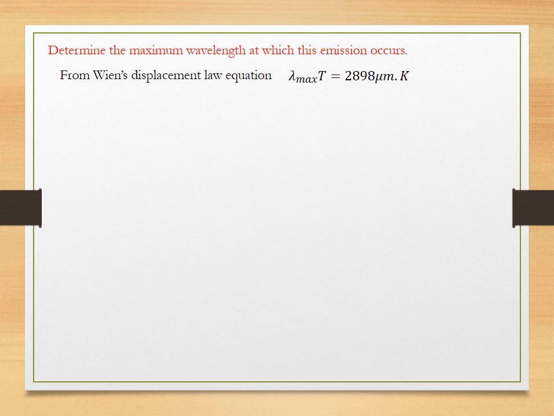Afterward we just insert our temperature, 2000, and finally we get the lambda maximum, or maximum wavelength, as 1.45 micrometer. It's quite straightforward for this question.